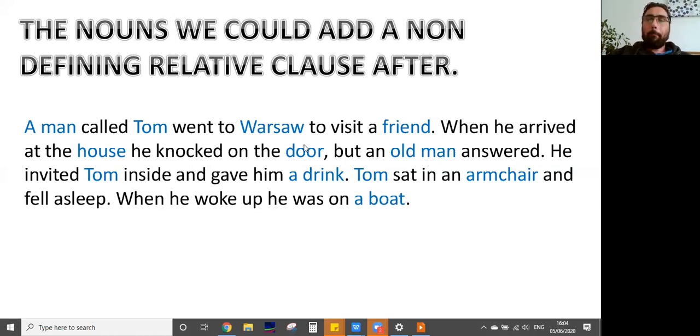We have Tom. We have drink. And we have armchair. And here we have boat. So these are all nouns that we can add extra information to with who, which, where, and so on. Okay, so non-defining relative clauses.